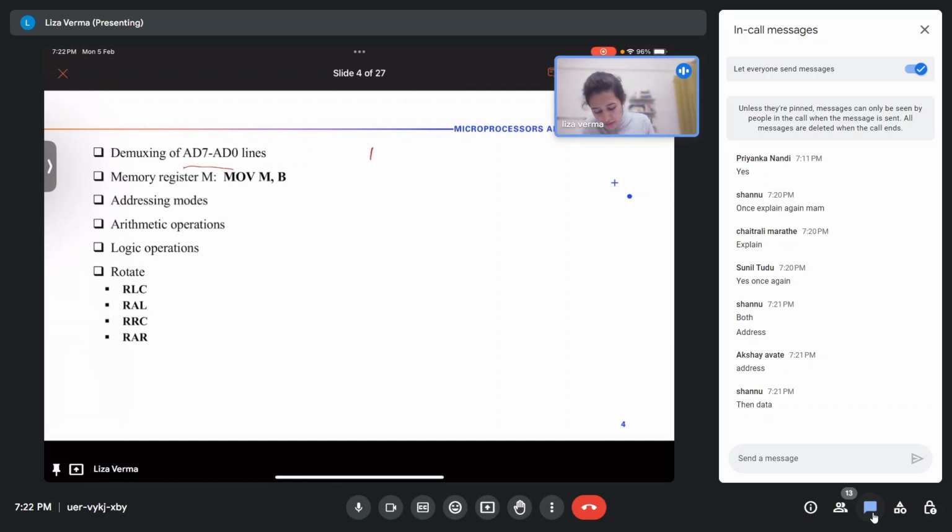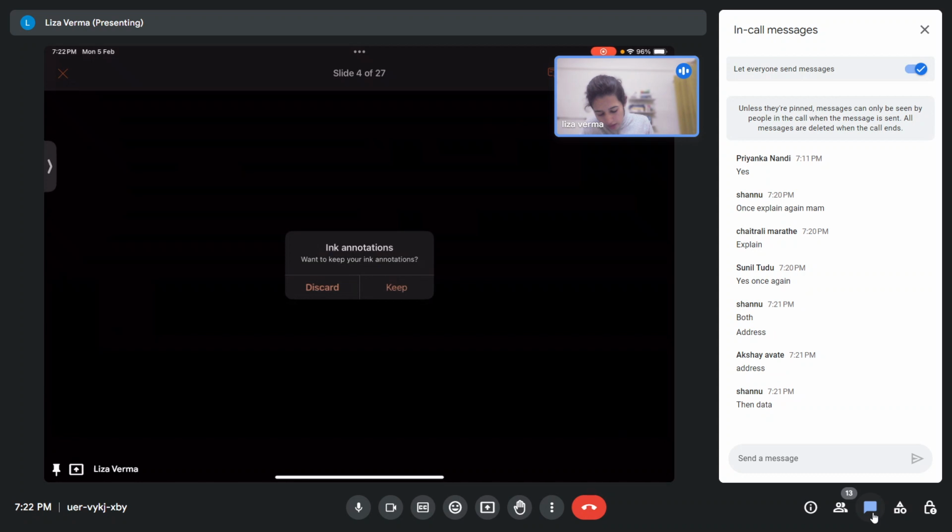We have address lines from A15 to A8 and AD7 to AD0, and our address is 16-bit, so it will require all 16 lines. The higher order address will be loaded to these lines, and the lower order will be loaded to the AD7 to AD0 lines, right? But what will it do?